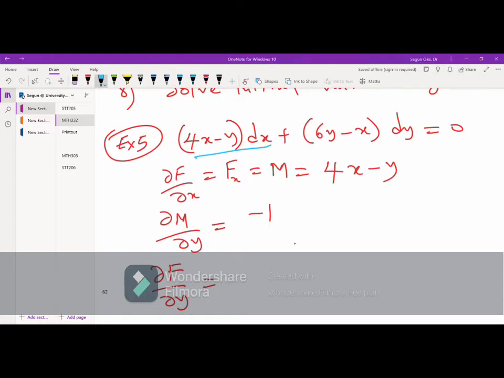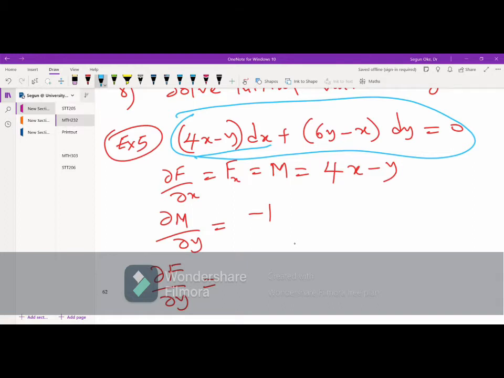The entire system is f. Because it has dx, that's why we are differentiating with respect to x. You don't need to bother which one you are going to use. All you need to know is the first one is your M, while the second one is your N. Please take note.